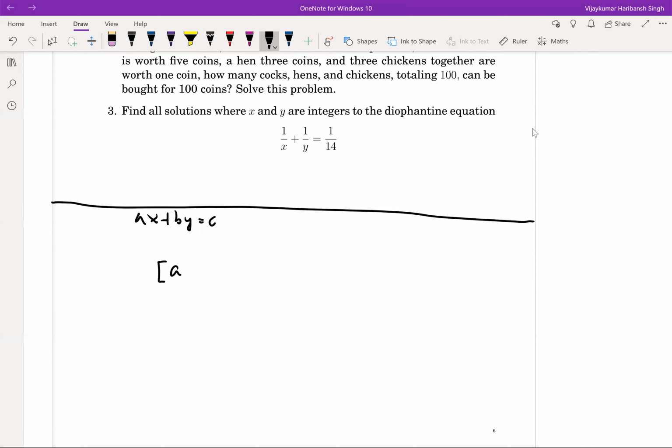So let's say (a, b) is your matrix A, and you're solving A X equals B. Well, this B is already used, so let's call the right side C. When you multiply, you get c.